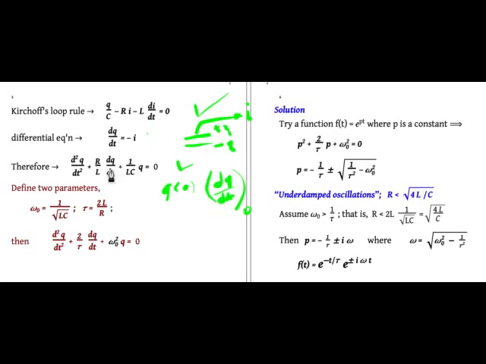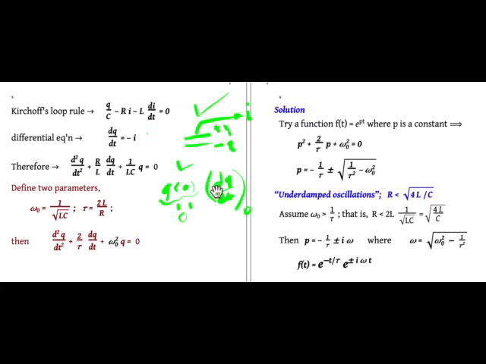For a second order differential equation, I need two initial conditions. Now I said that we're discharging the capacitor. So I'm going to take Q of 0 to be 0. I will impose that boundary condition.